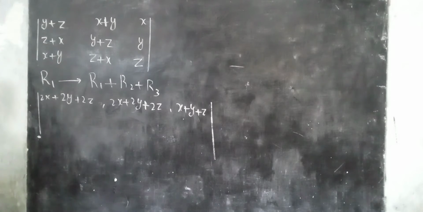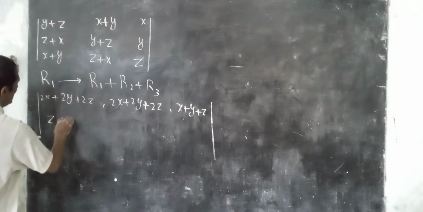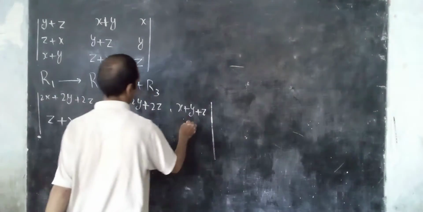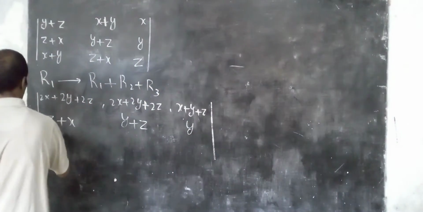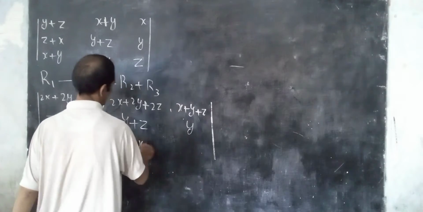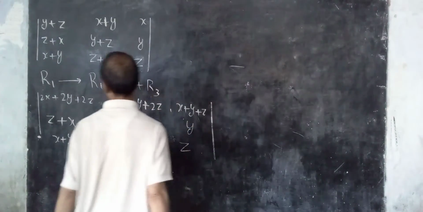There is no change in the second row and third row, so write the second row and third row as they are: z plus x, y plus z, y, and x plus y, z plus x.